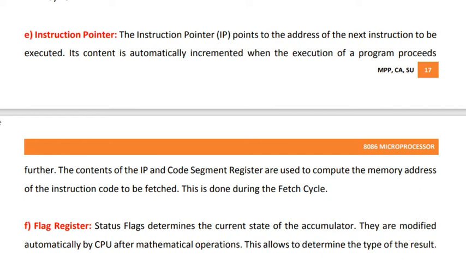The instruction pointer is used as an offset in conjunction with the code segment register in order to access a specific byte in the code segment.